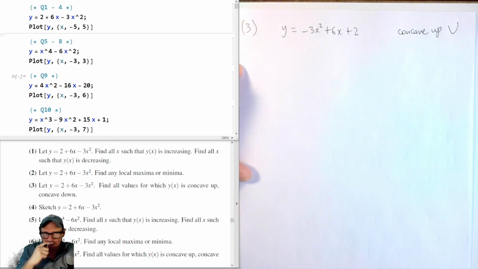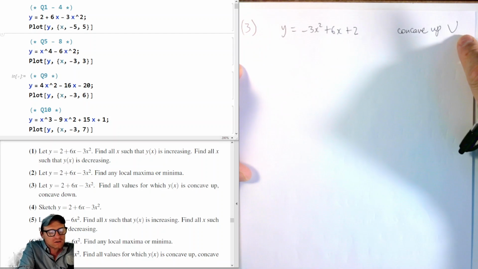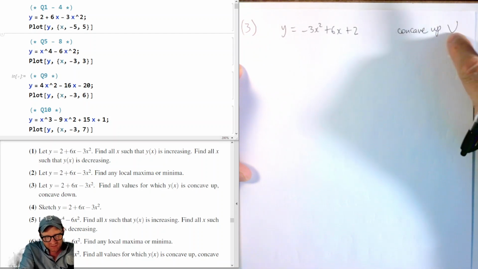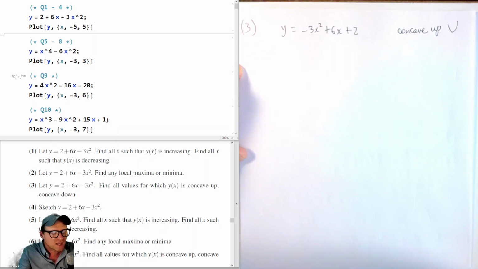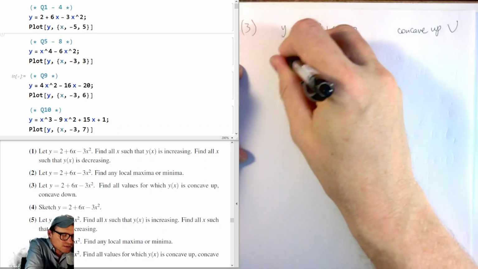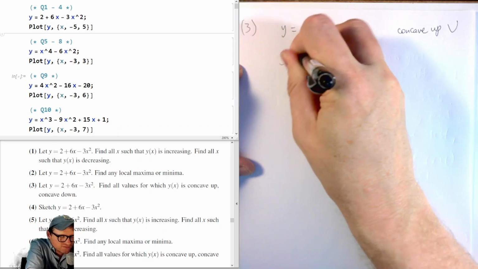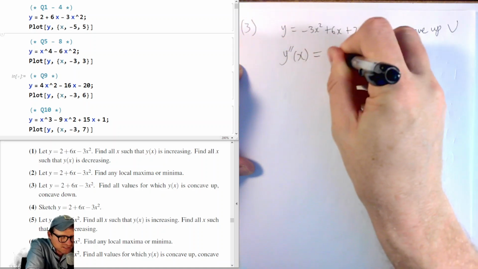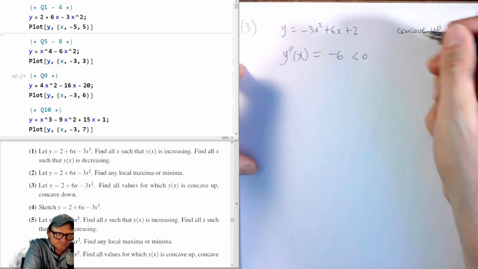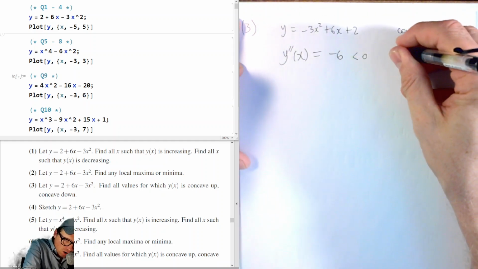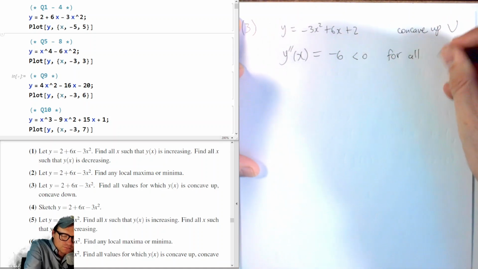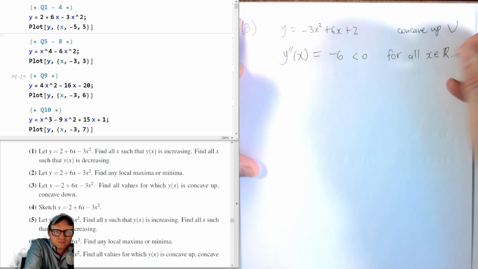So I'm going to solve this problem. Okay, for which x values does it look like this? And we already know no x values. Okay, but let's do this with mathematics. So we already have y double dash of x equals minus 6, which is negative. And that occurs for all real x. For all x belonging to the set of real numbers.